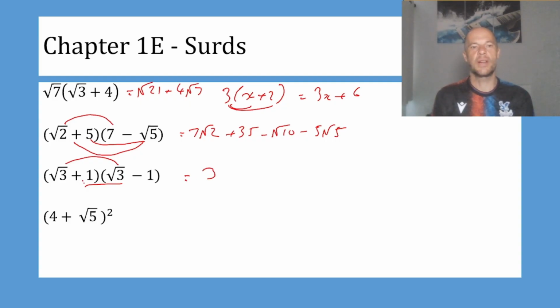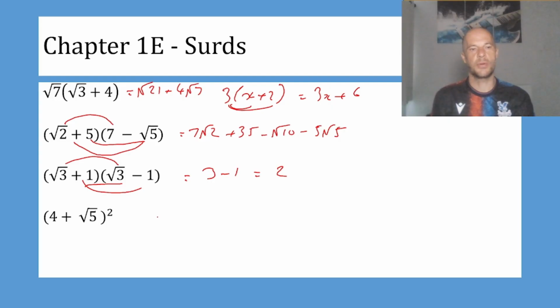Positive 1 times negative 1 is negative 1. And that is 2. So whenever you've got a bracket with a surd plus a rational number and a surd minus a rational number, you'll end up that the surds vanish. And this is a useful thing when we're rationalising denominators later on.